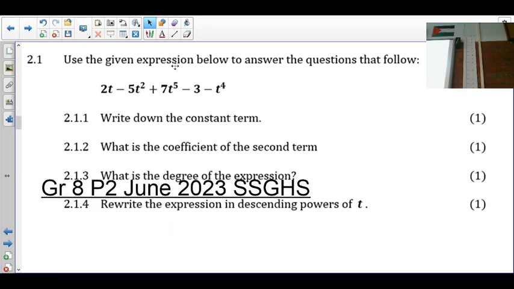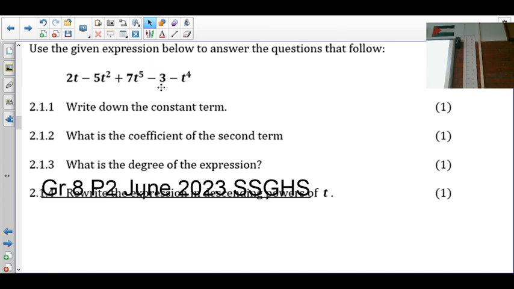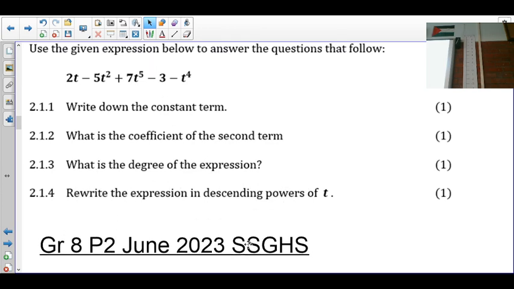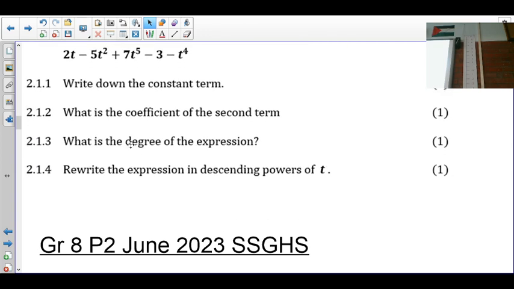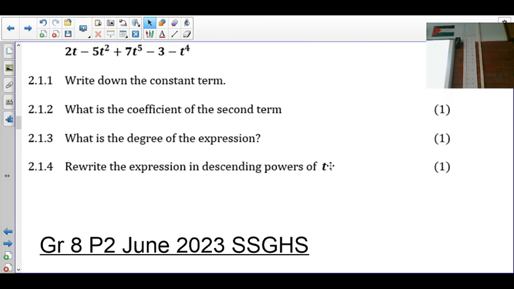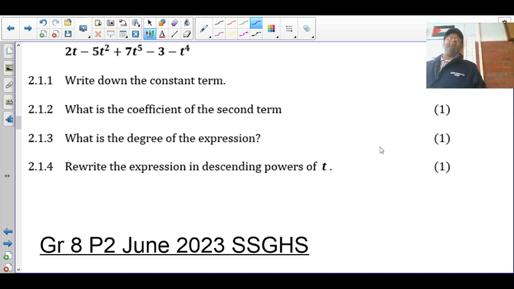Given in question 2.1, use the expression below and answer the questions that follow. We are told: 2t minus 5t squared plus 7t to the exponent 5 minus 3 minus 4t to the exponent 4. The question says write down the constant term. The constant term is a term without the variable.